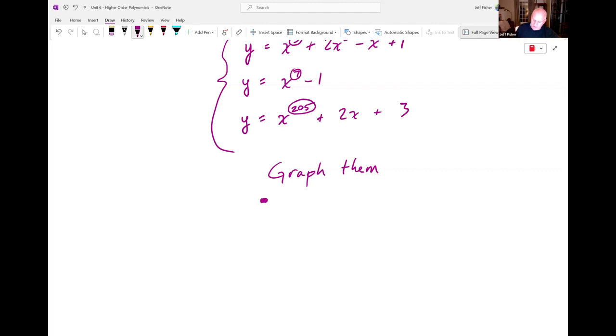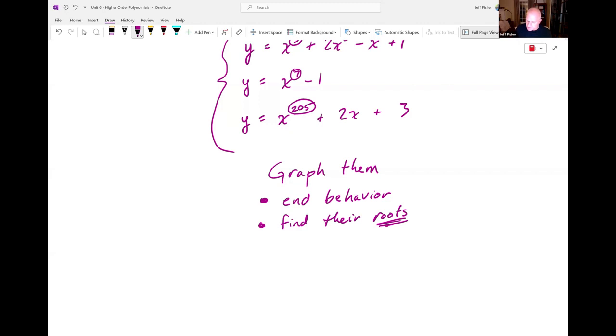The first, we define their end behavior. And I'll tell you what that means in a minute. And then secondly, we find their roots. Again, also known as the solutions or the zeros.